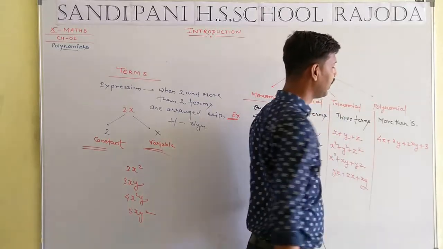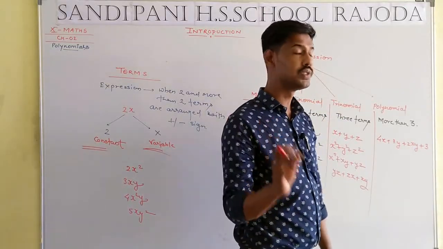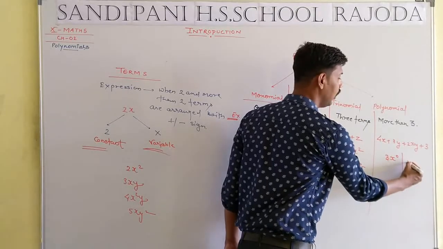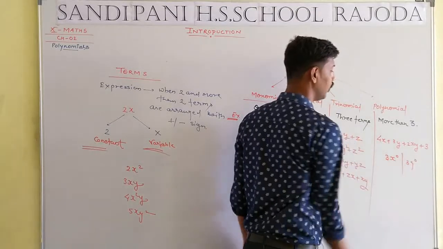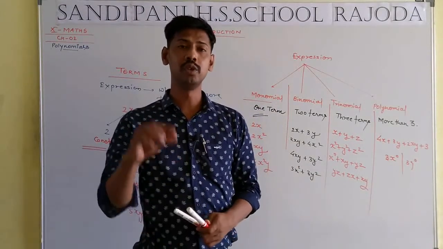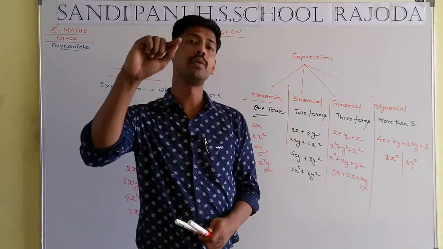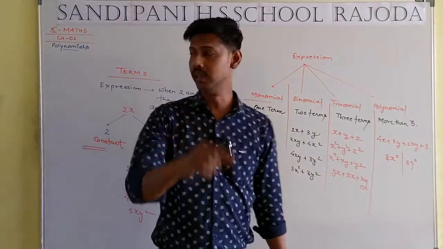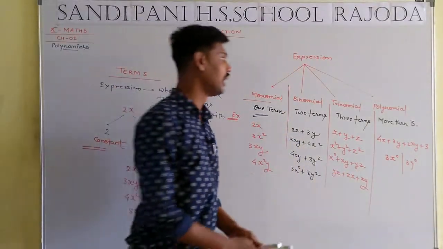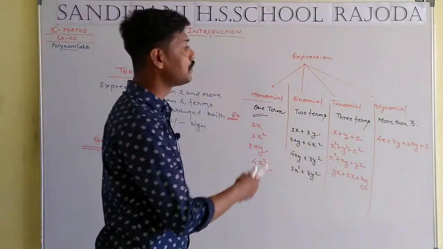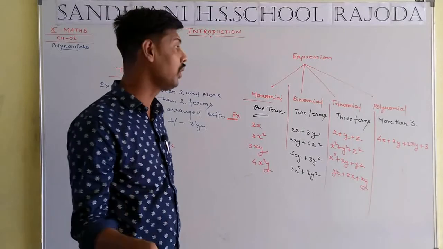How many terms are there? 3 is not just a constant number. 3 may be written like 3x to the power 0. What is the meaning of x to the power 0? x to the power 0 is equal to 1. So 3x to the power 0 is equal to 3. Students, what is the meaning of polynomial? A polynomial is an expression which consists of more than three terms.